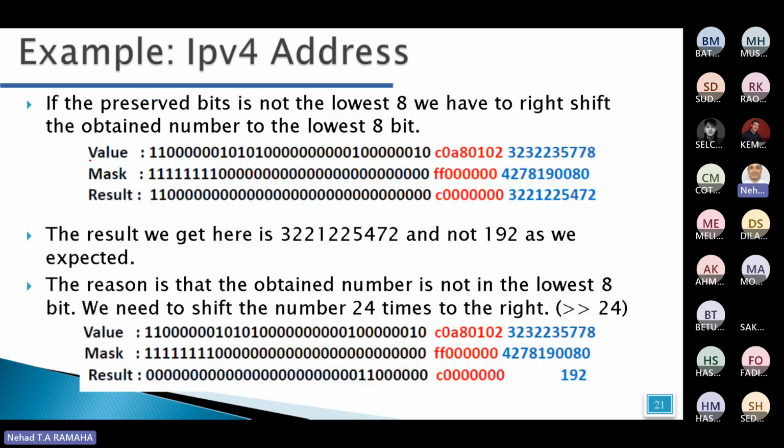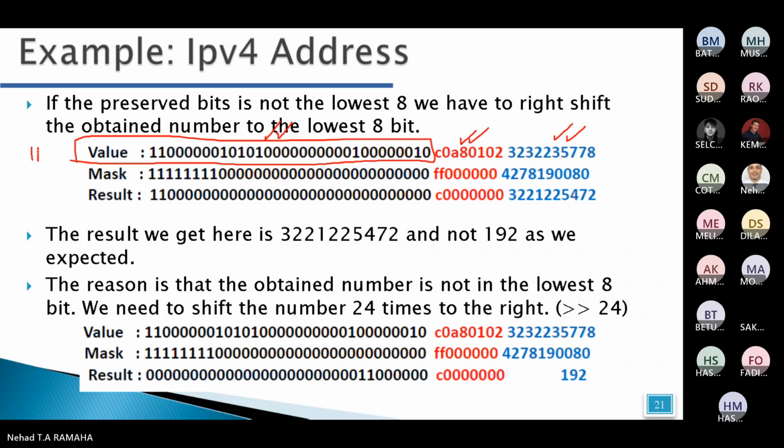Okay, so the idea is like this. If we have this value of the IP address, which is in hexadecimal like this. So this is in binary, this in hexadecimal, this in decimal, the value in decimal. So 3 systems, yes? Doesn't matter, you don't need to convert it now. So this is binary, this is hexadecimal, this is decimal, this is the IP address value. Now to divide it into parts, we need these 8 digits.